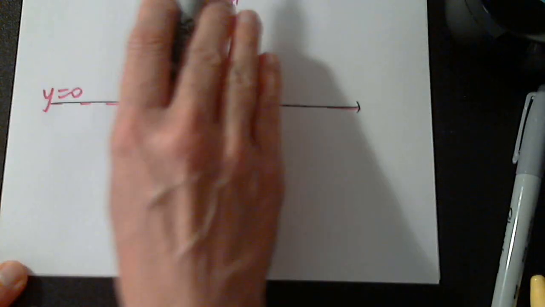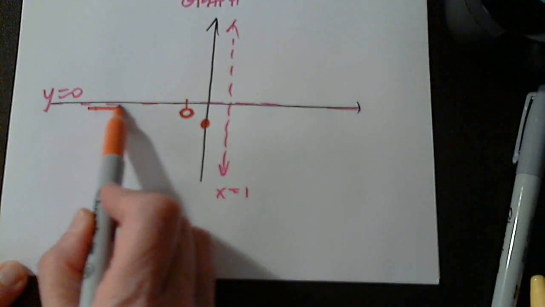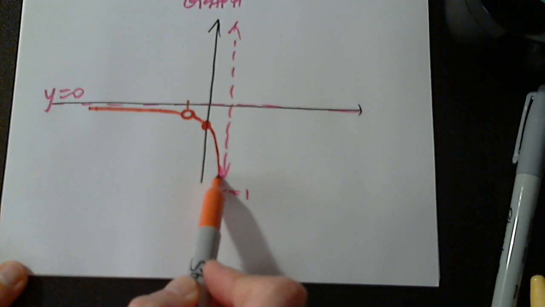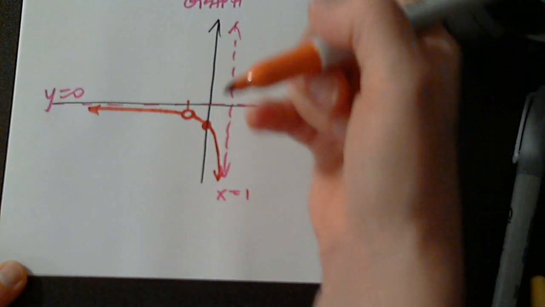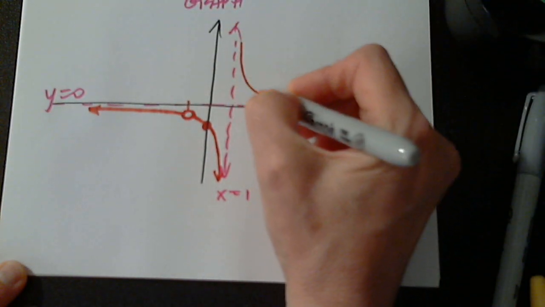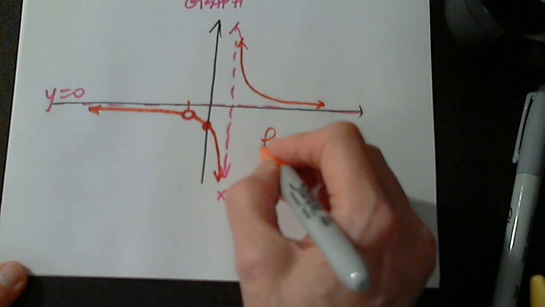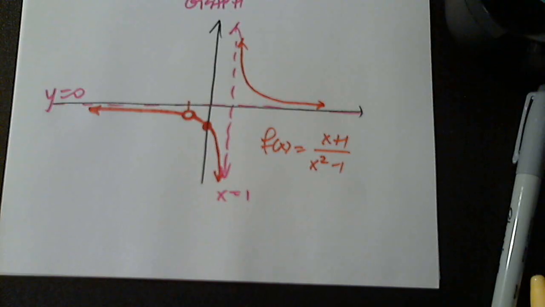Coming from 0, going through the hole, 0, -1, and going to -infinity. Nice and easy. On the other side, nice and easy, asymptotically getting closer and closer to the asymptote. So this is the graph of x plus 1 over x squared minus 1.